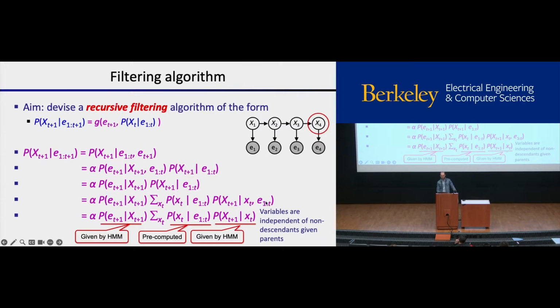Again, conditioning on the evidence is extra information we didn't need if we were already conditioning on the value of little xt. Variables are independent of non-descendants given parents. xt is the only parent of xt plus 1, and so other information we may as well discard. And so now we get back to this. And that's why this update rule works.